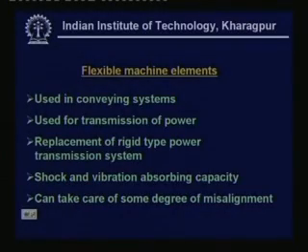If you look at the board, these flexible machine elements are used in conveying systems, for transmission of power, and as a replacement of rigid type power transmission systems. What this means is, say, a gear drive is also a power transmission system, and instead of a gear drive, we can also think of this type of belt transmission system.